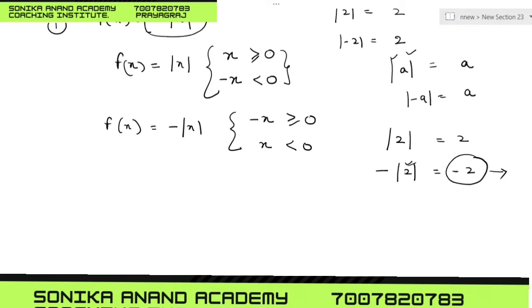Now, similarly, if it is less than 0, for example minus 2, then its answer should be positive if we don't have these absolute values.